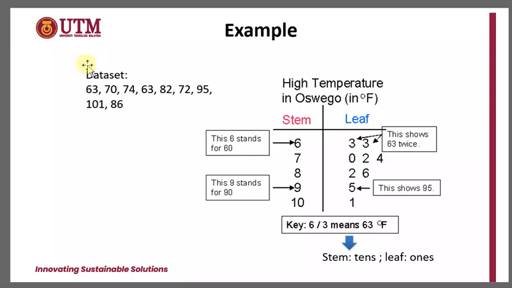In this example, we have the description. It is temperature. It is true that there are no decimal points with the numbers, but the description says these numbers are related to temperature. So actually, it is continuous.